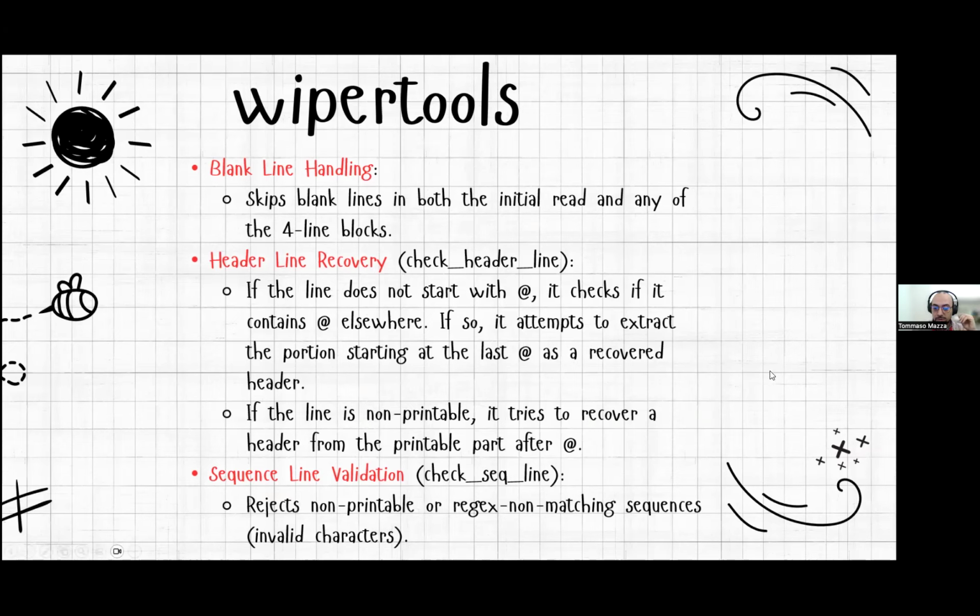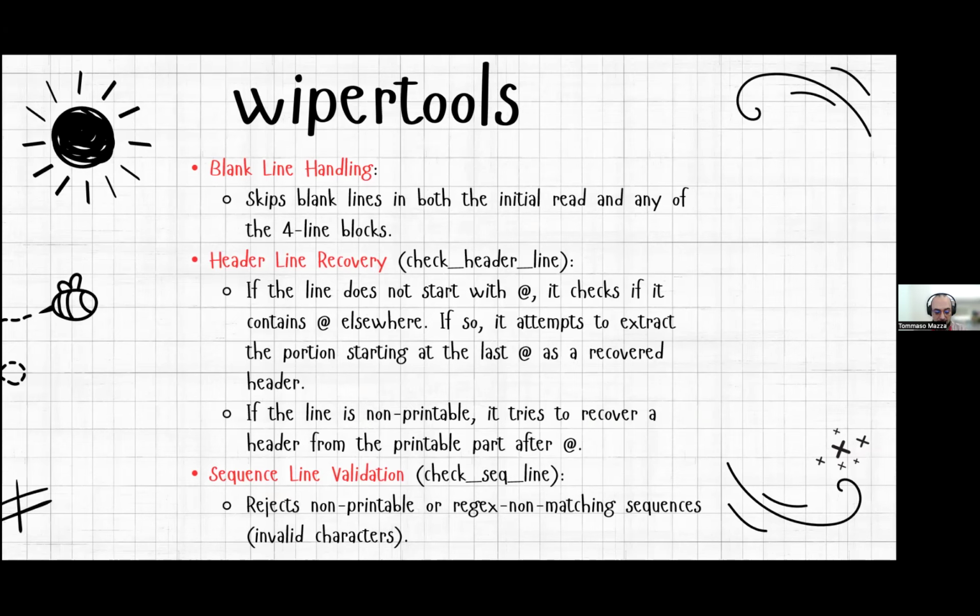If the line is not printable, because it can happen, it tries to recover a header from the printable string that is after the @. About the sequence line validation, it just rejects every not printable character, or all the characters that do not match the regex, a regex that is very simple, that just checks that your alphabet is respected, is met with your nucleotide sequences.